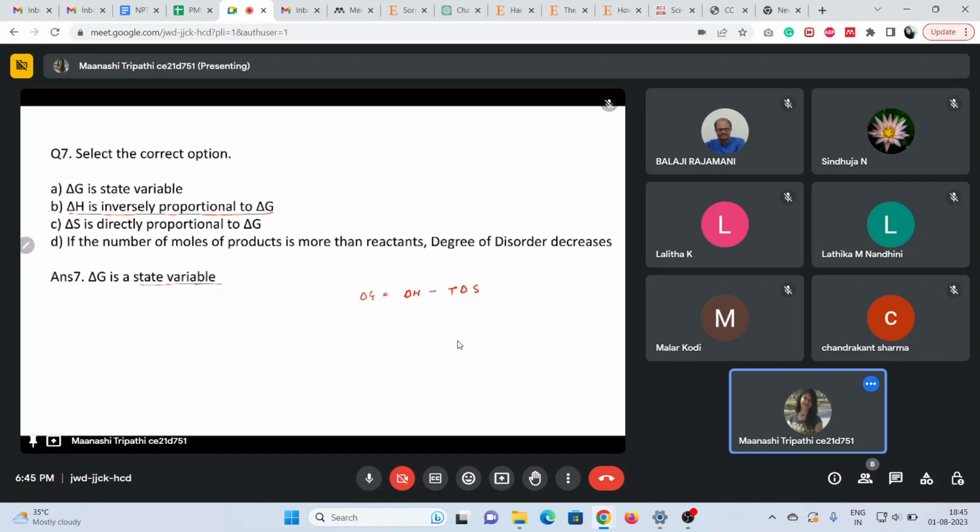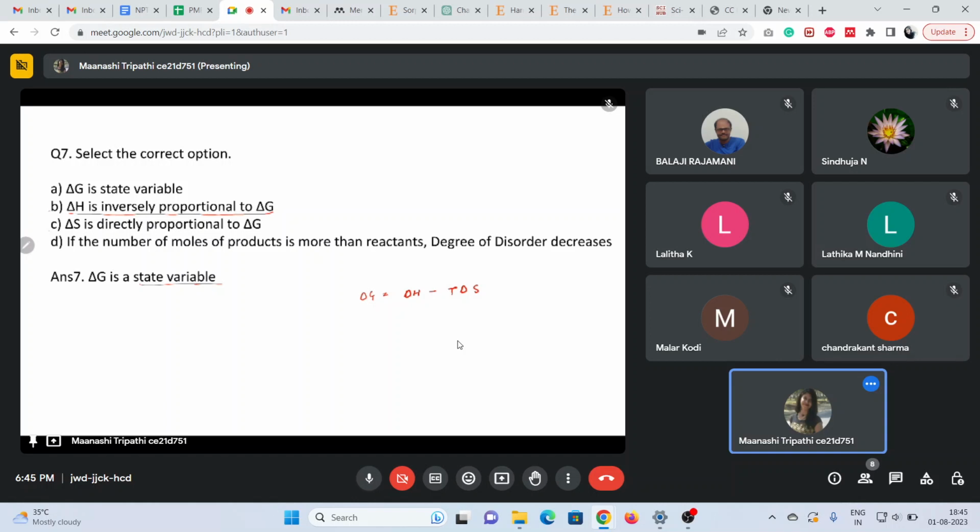If you want to reach from this point to this point, either you can come from here or you can directly go there. Displacement is just this distance, so this is a kind of state variable. And distance is a path variable because it will depend upon different paths.